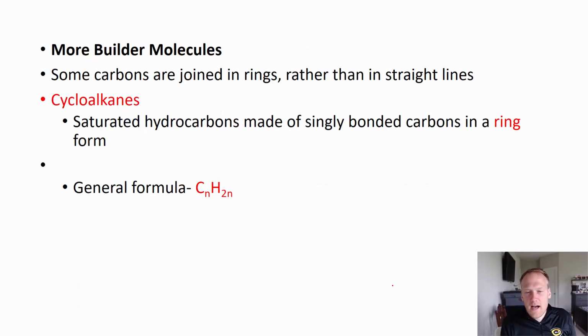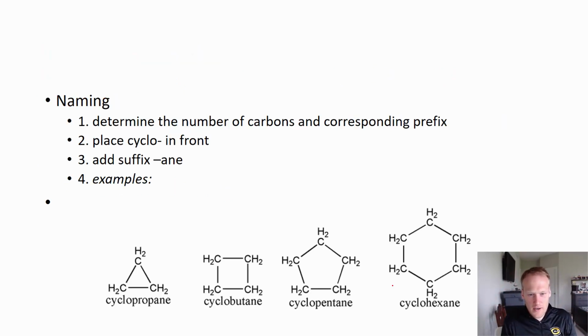A couple last things here. There are other builder molecules. We've talked about alkenes, alkynes, and alkanes as monomers we can use to build these polymers, but there are others. One of them would be a cycloalkane, and it's exactly what it sounds like: cyclo. It's an alkane that's literally in a circle or ring structure.